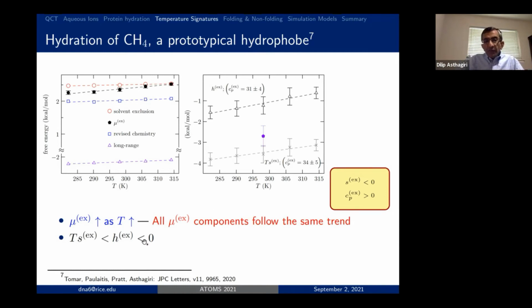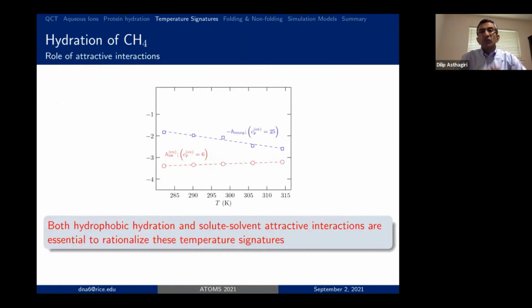What we find for methane is that the excess entropy of hydration is negative, more negative than the excess enthalpy, which is also less than 0. That also rationalizes the heat capacity trend. So all of the signatures so far for methane conform to the standard picture of the hydrophobic hydration of such solutes.